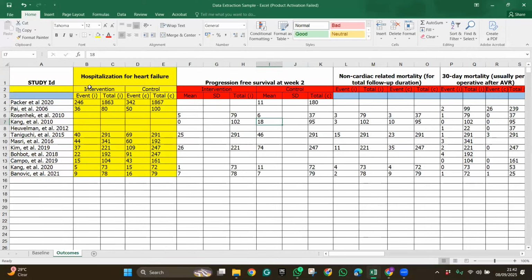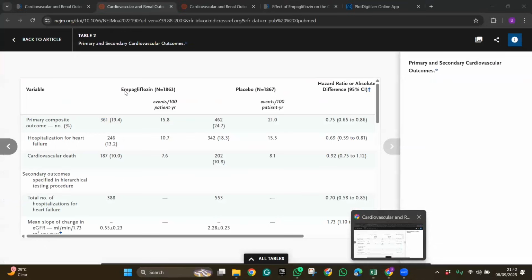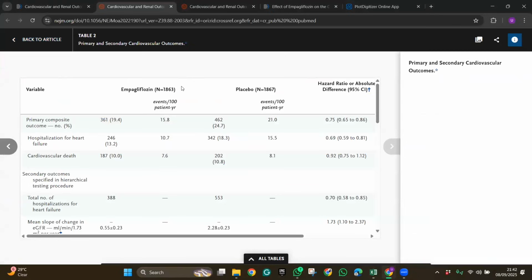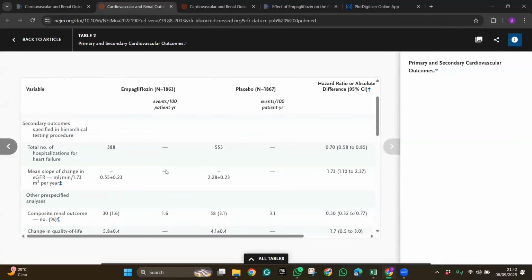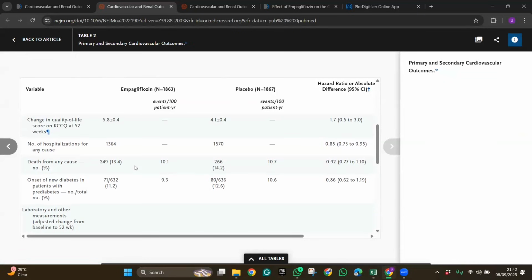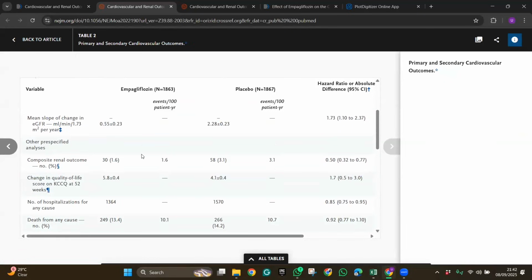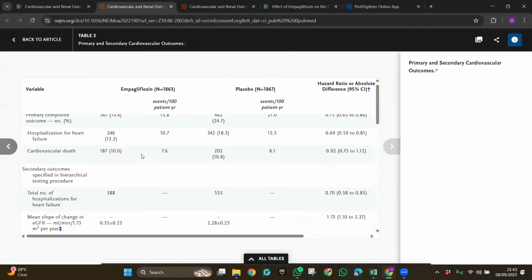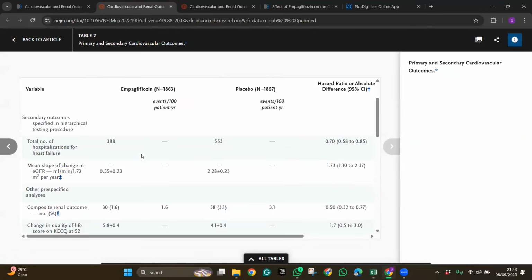If the total population in the intervention group in the study is 1863, it does not mean that this 1863 is the total population for all these outcomes, right?